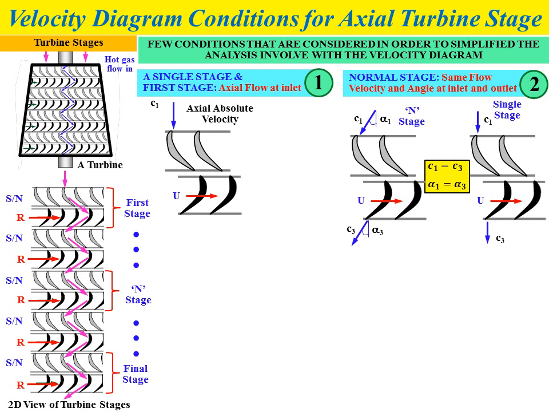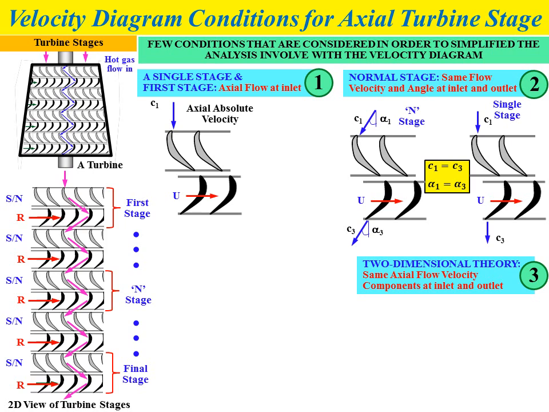So the main criteria for a normal stage is that the value of C1 at the inlet equals C3, the absolute velocity at the outlet of the stage, and the absolute angle at the inlet alpha 1 also equals the absolute angle at the outlet alpha 3.